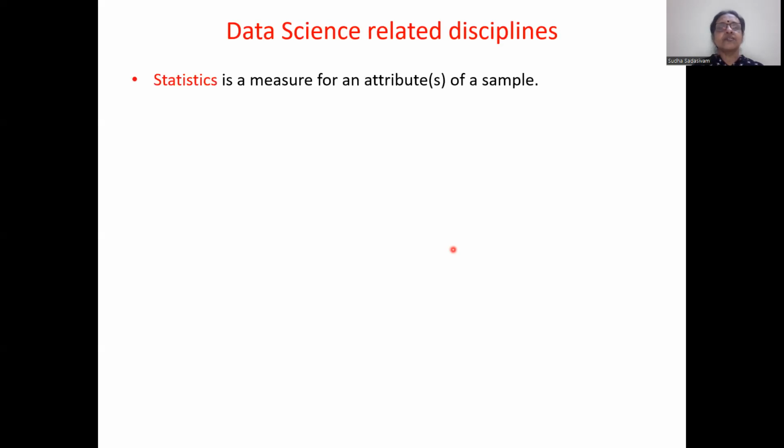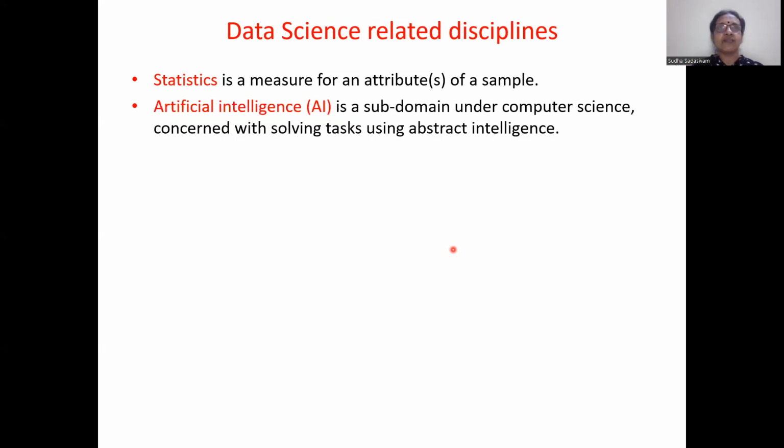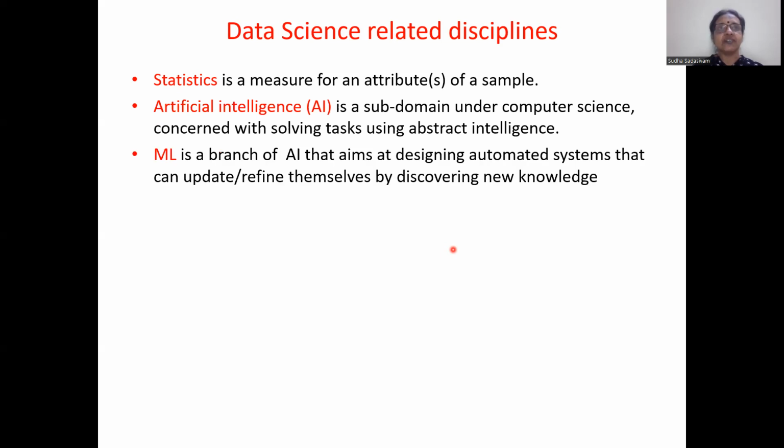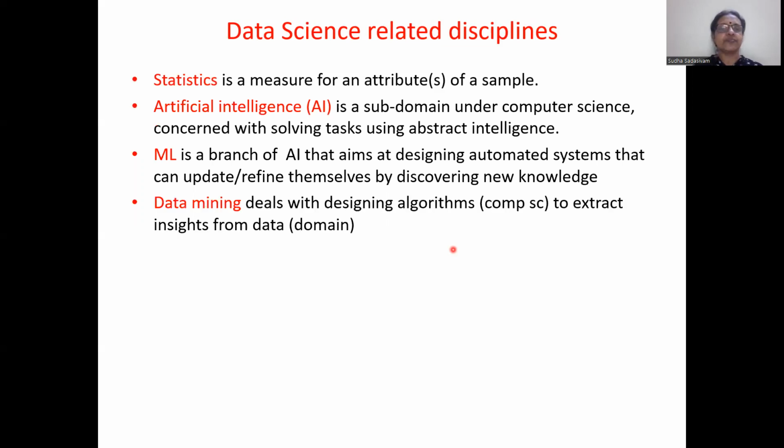So what are all the fields that are related with data science? Statistics is basically a measure of attributes for the sample of the data that has been given. Artificial intelligence is a branch of computer science which helps in solving tasks using abstract intelligence. Machine learning is a branch of artificial intelligence that aims at designing automated systems that can update and refine themselves by discovering new knowledge.